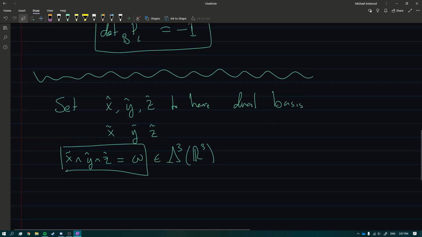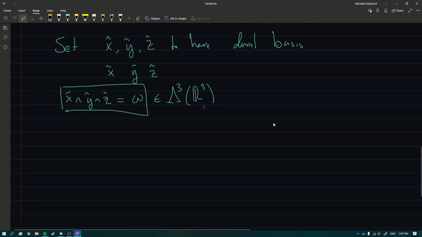If we compute the change of basis on this form, omega in the other basis, you end up with y tilde wedge x tilde wedge z tilde.